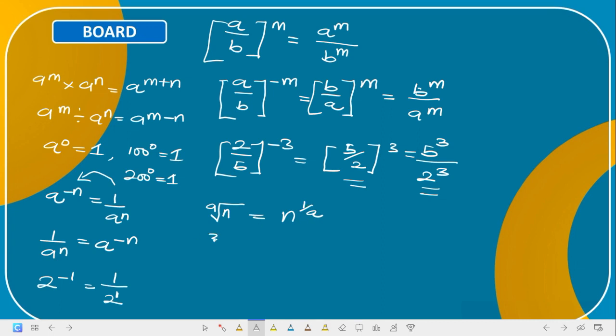So if I have the cube root of 8, what does this mean? It means we have 8 to the power of 1 over 3. It's clear enough, right? So we are going to use these laws to solve questions.